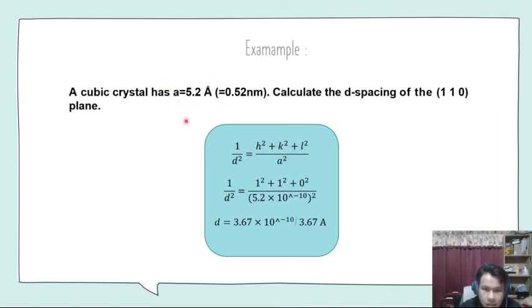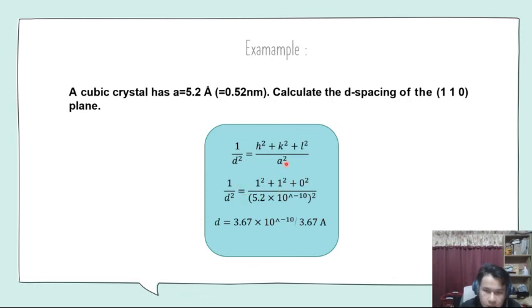We know that a is equal to b and is equal to c, so we can use the special case formula. From the plane, h is equal to 1, k is equal to 1, and l is equal to 0.